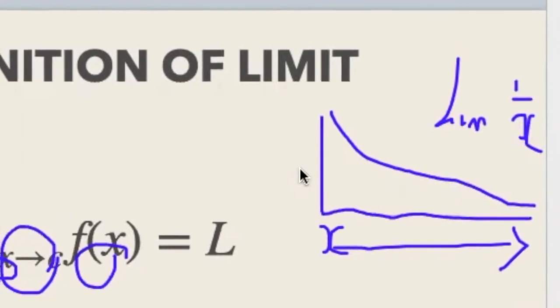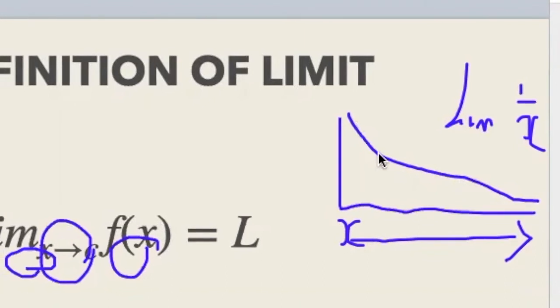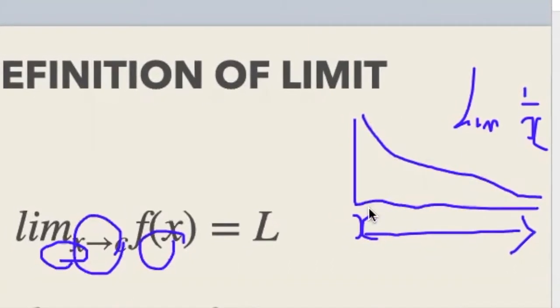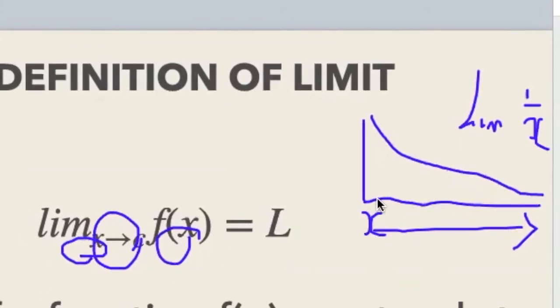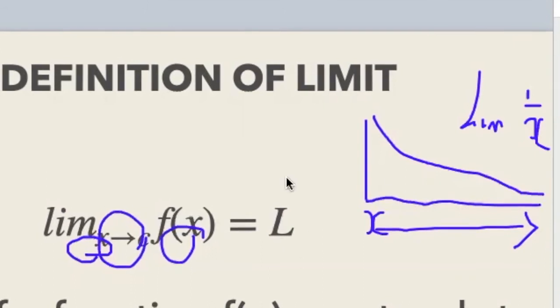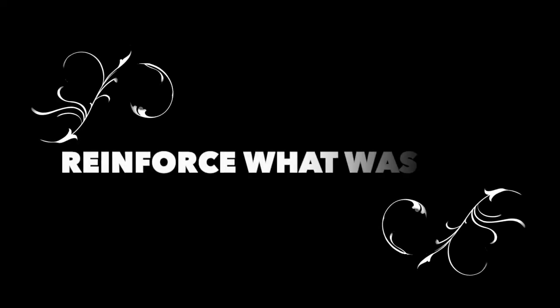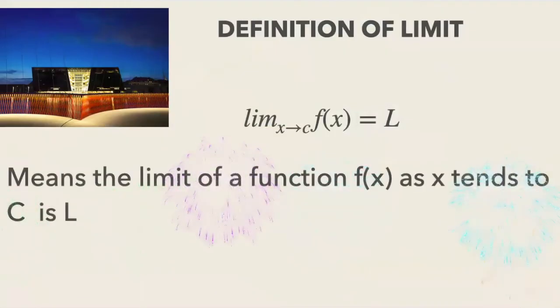So when we say we're finding the limit, we're finding out which value this function is getting closer and closer to, and this value is considered to be the y value. So L represents the y value. It means the limit of a function f of x as x tends to c is L.